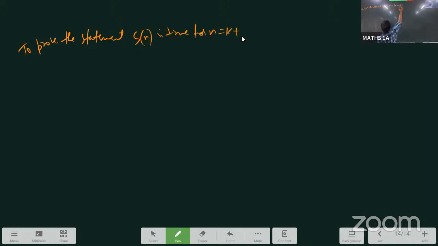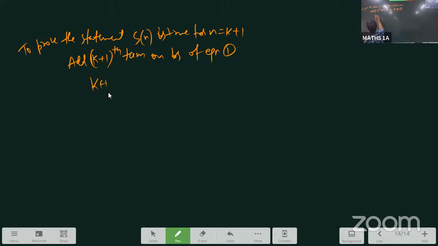Now, to prove the statement S of n is true for n equal to k plus 1, for that what should I do? Add the k plus 1th term on both sides of equation 1.